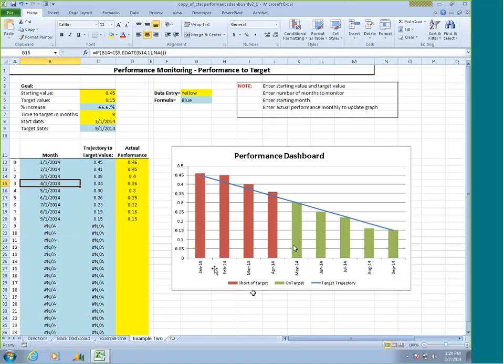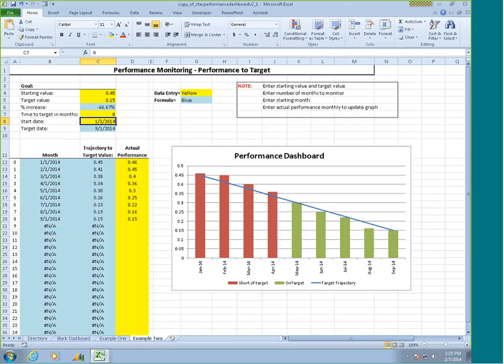Green is good. The other way you could use this is if you're doing performance monitoring and you're starting at a certain point and you want to get to another point. So basically what this said is that I've got a 45% no-show rate. I want to get it down to 15%. I'm going to give myself 8 months to do it.